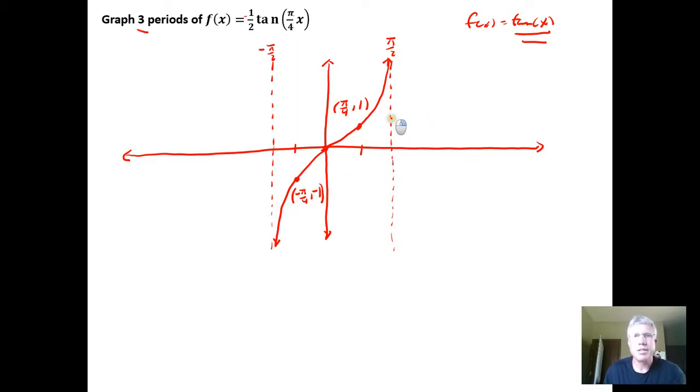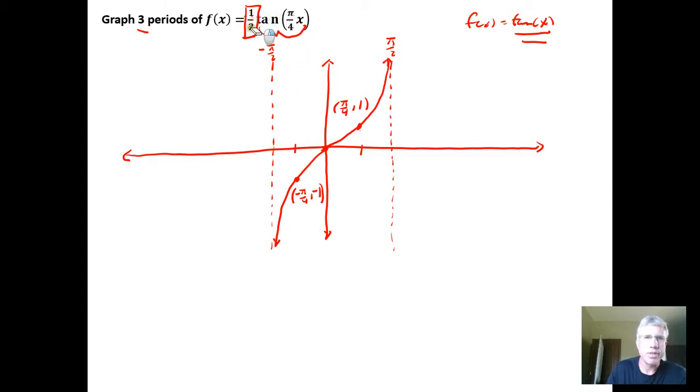So the key is that this point and this point are really excellent points for keeping track of vertical stretches or compressions, because if the tangent function equals 1, a half of 1 is just a half. If the tangent function equals negative 1, 1/2 times negative 1 is just negative 1/2.